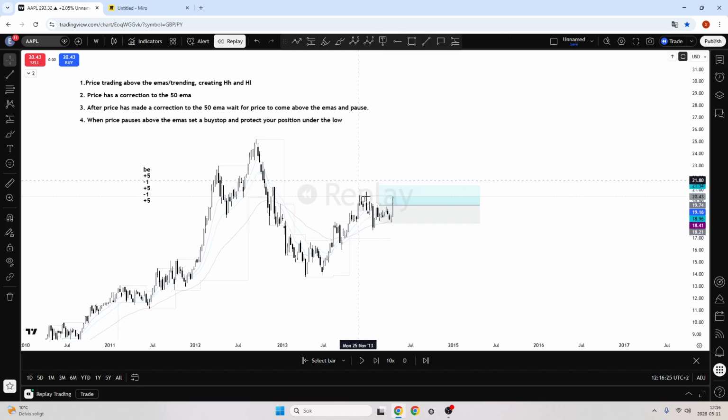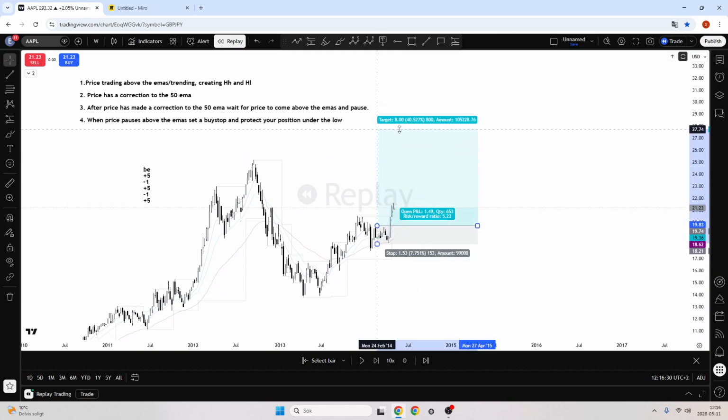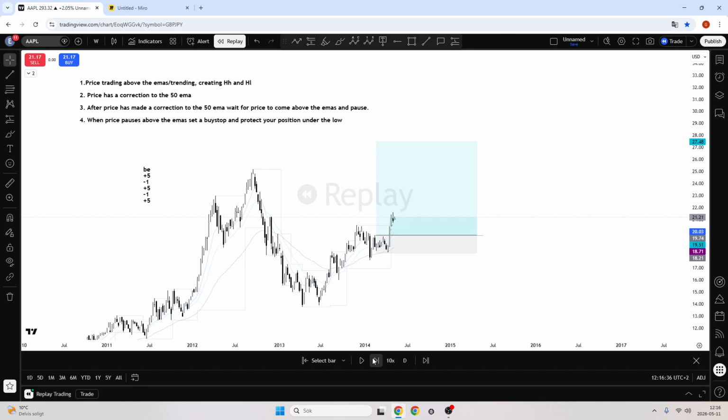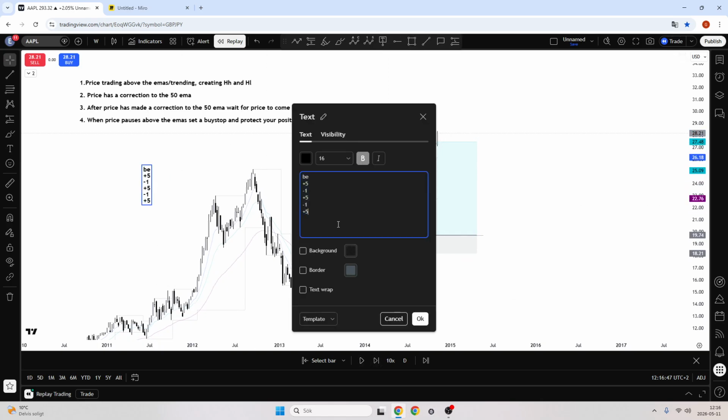Wait for our 1-to-1. It reaches 1-to-1, we simply move our stop loss to break even. No risk on the table. Reaches 1-to-5, so we record that +5.